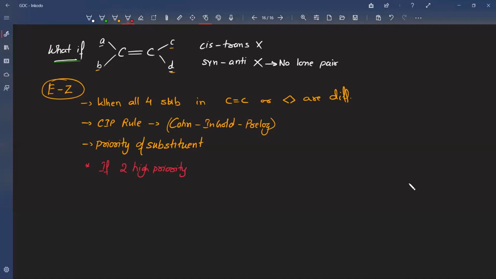So when two high priority substituents are attached on the same side of the restricted atom, then it is called Z, else it will be called E. This is what the E and Z scheme is, right?